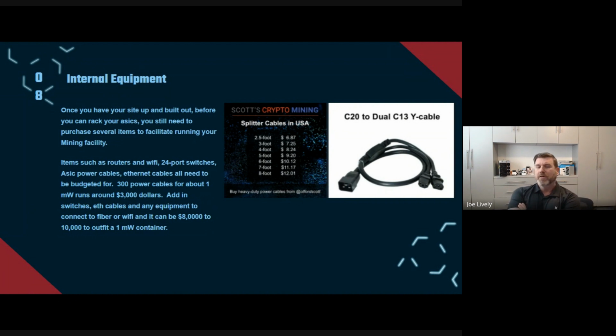They're not cheap. They're worth it, but they're definitely not cheap. So you want to budget for all those things, talk to people about what the costs are and what the best internal equipment is. Ethernet cables are not super expensive, but you probably want to do custom lengths and learn how to make your own cables, because again, you want good cable management within your systems.